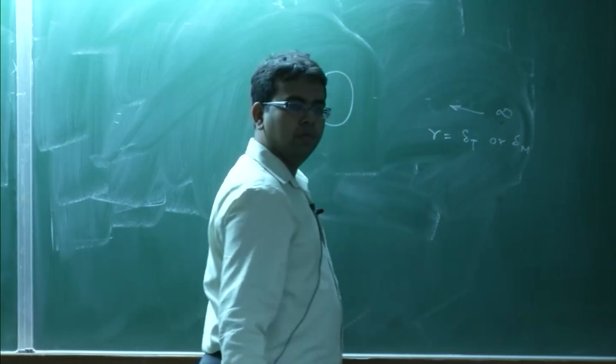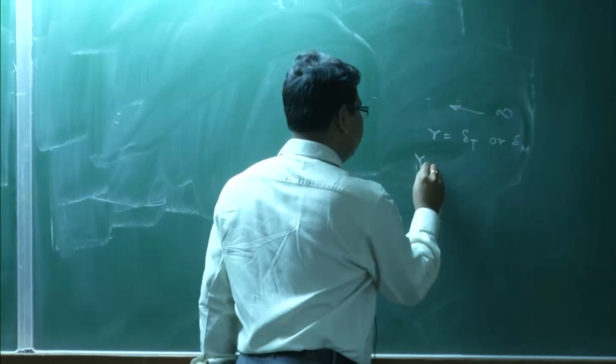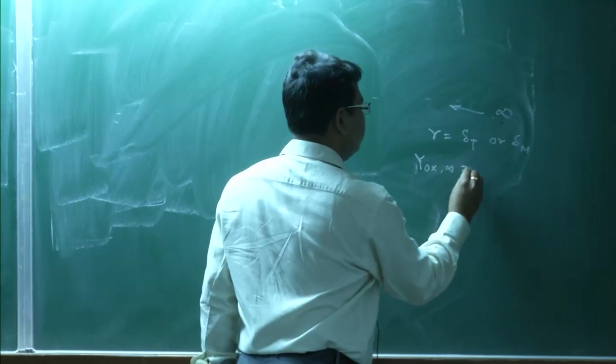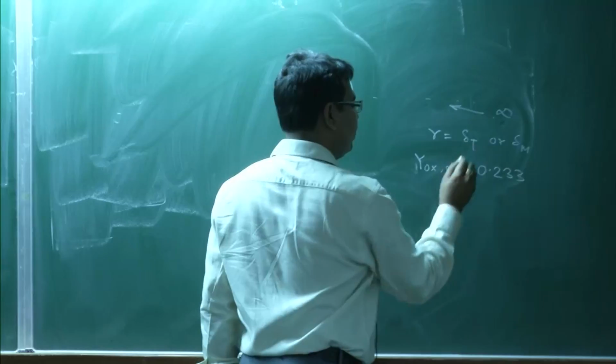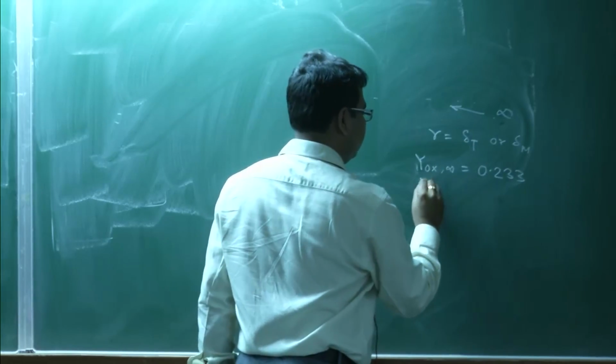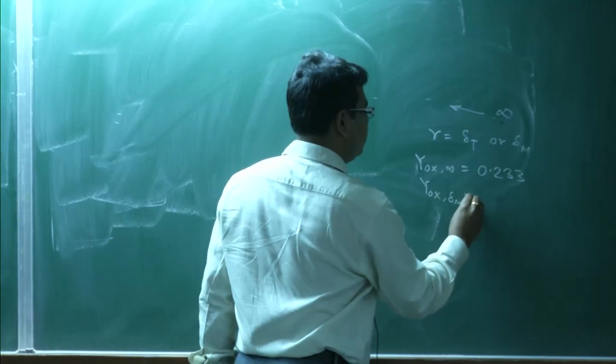Whatever boundary conditions you applied at infinity, that Y oxidizer at infinity is equal to 0.233 or something like that, will now occur at delta m, where Y oxidizer should be 0.233.